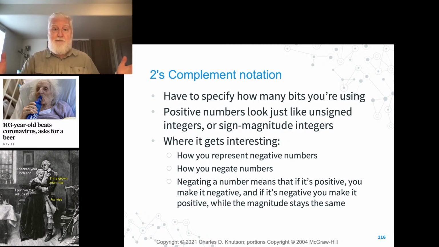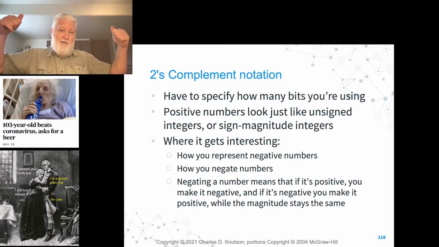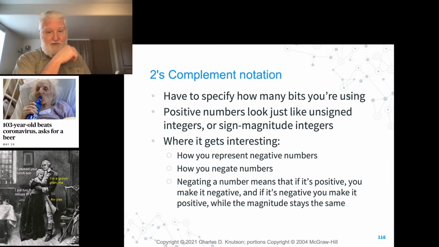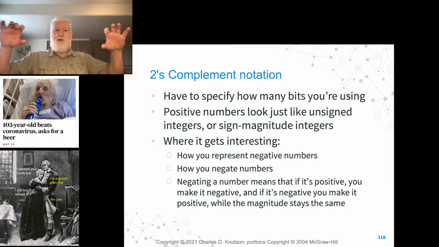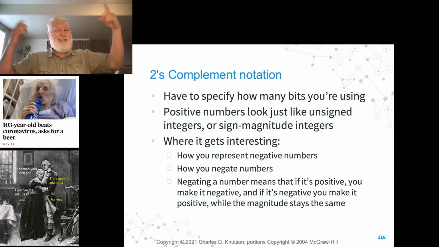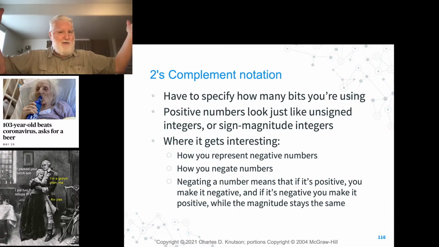They all look the same, which is 0, plus whatever else. The difference is that unsigned values can get bigger than any of the signed values. Because with unsigned, when you get big enough that you've got a 1 in the leftmost bit, it's not a negative number. It's just an extra big number, 128 or bigger, kind of thing.